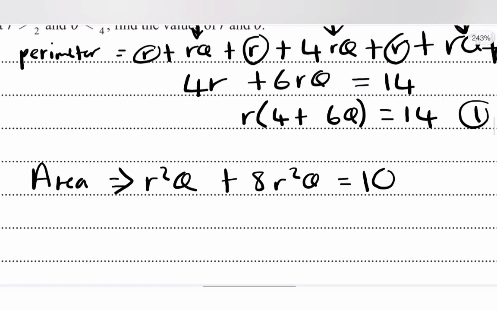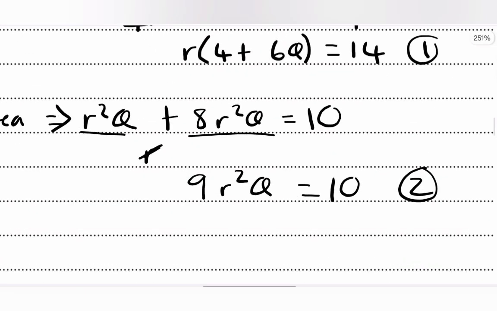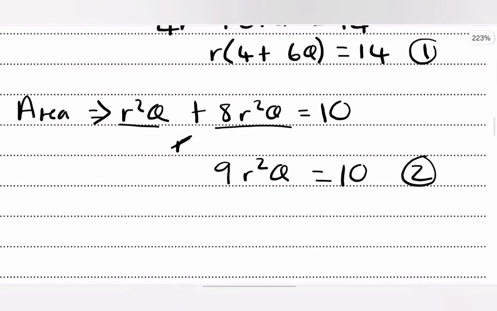And factoring out r squared, so this will be 9r squared theta, because it's r squared theta plus 8r squared theta. So 9r squared theta is equal to 10. Now we can solve these simultaneously by saying theta here is equal to 10 over 9r squared if we try and make it the subject.